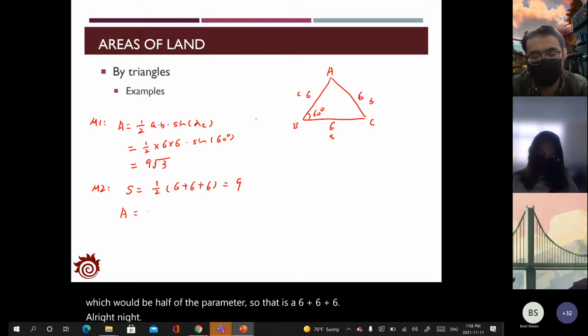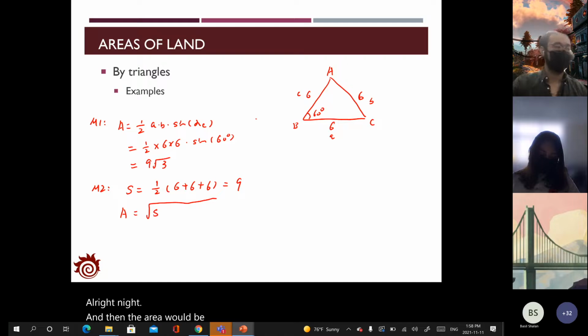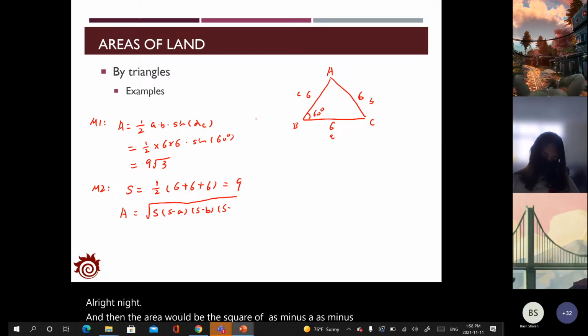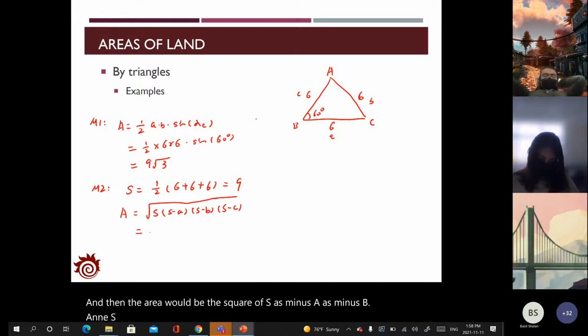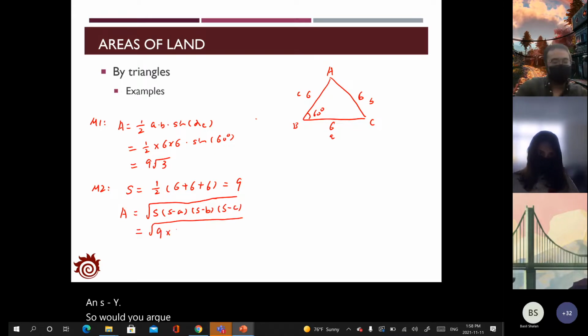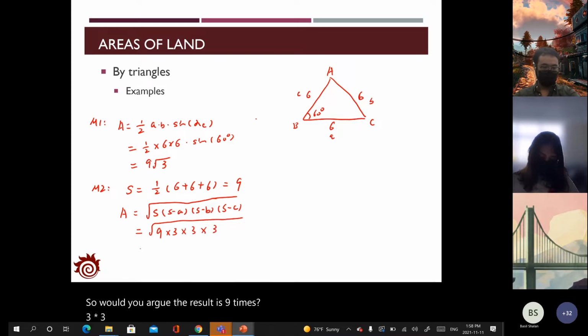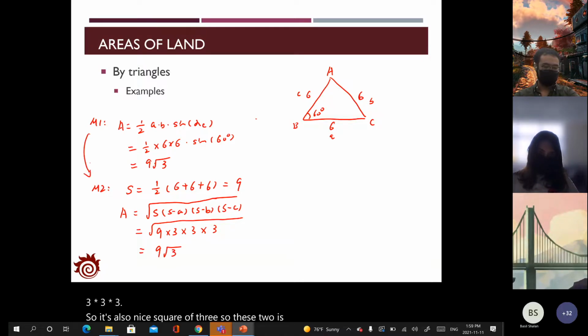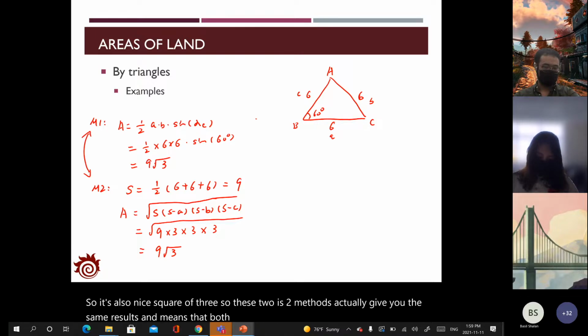And then the area would be the square root of S, S minus A, S minus B, and S minus C, which will give you 9 times 3 times 3 times 3. So it's also 9 square root of 3. So these two methods give you the same result, and it means that both of them are correct to calculate the area of the triangle.